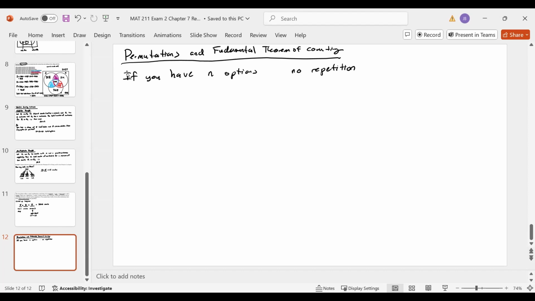Actually, there's one other condition too. So n options, no repetition, and all items are unique. There's a slight difference between repetition and being unique, it's just a way of describing it. So all are unique.